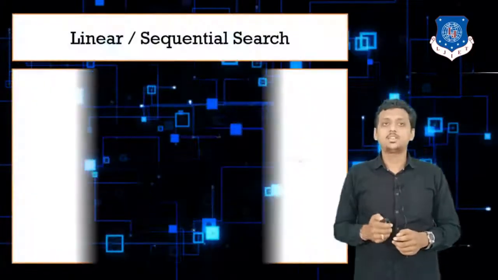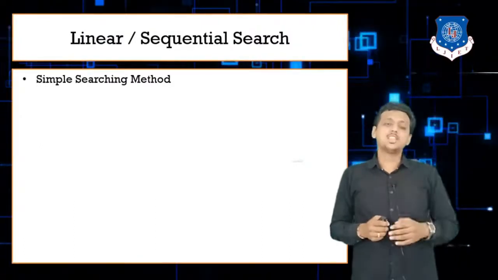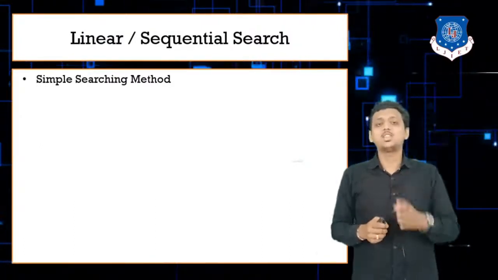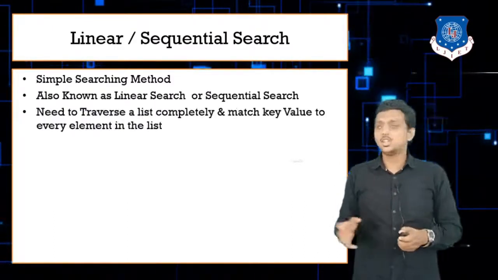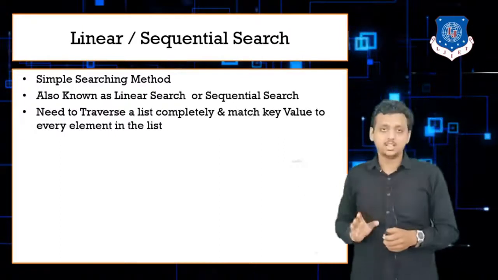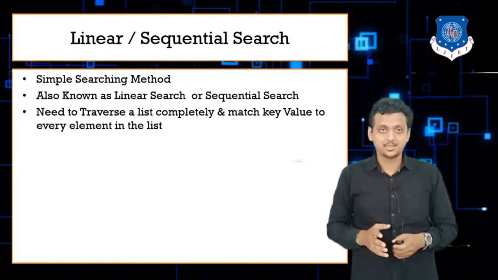So first we have the linear search, or we can say the sequential search. Students, the linear search method is also known as the sequential search methodology. It's a simple searching method, like a search in an array or a search in a list.